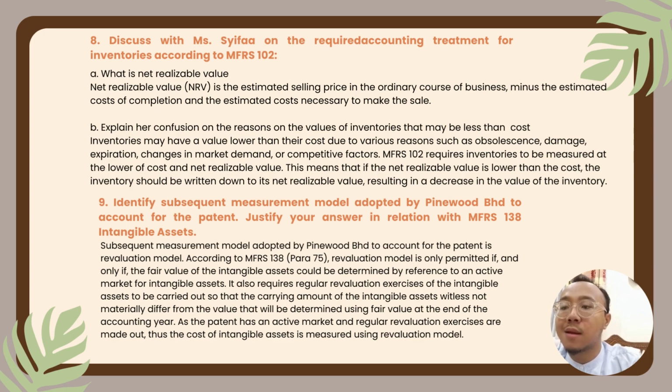This means that if the NRV is lower than the cost, the inventory should be written down to its NRV, resulting in a decrease in the value of the inventory.